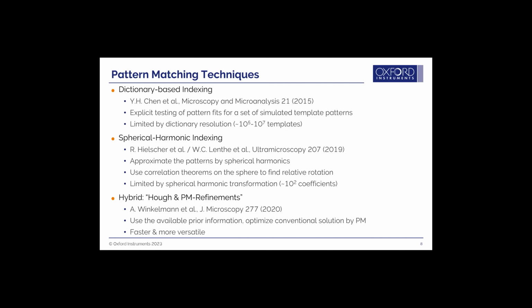But rather than build these big libraries of patterns or simulations, we're going to take the Hough indexing as a starting point. We're going to look at patterns that are very, very near that orientation and see if we can effectively fine tune or even, quote unquote, repair a zero solution in a sense.